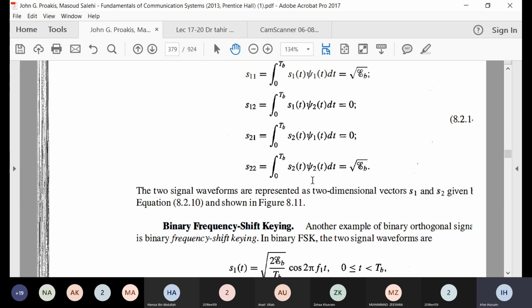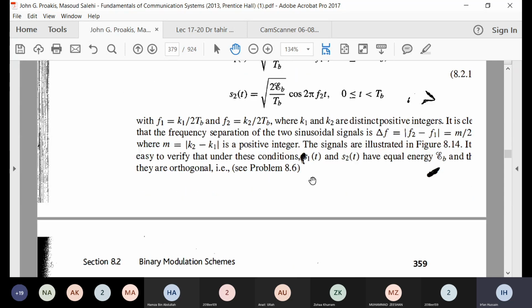So the two signals are represented as two-dimensional vectors and are shown in figure 8.1.